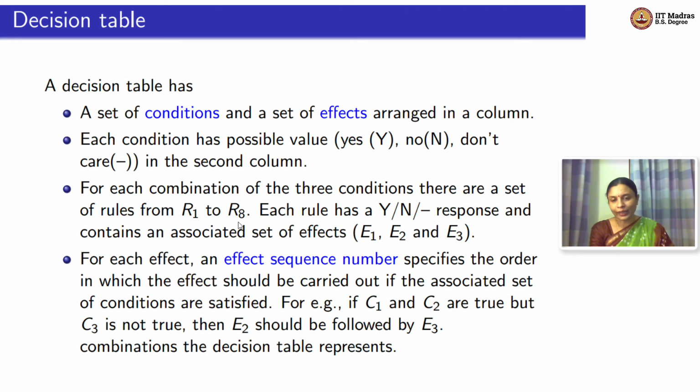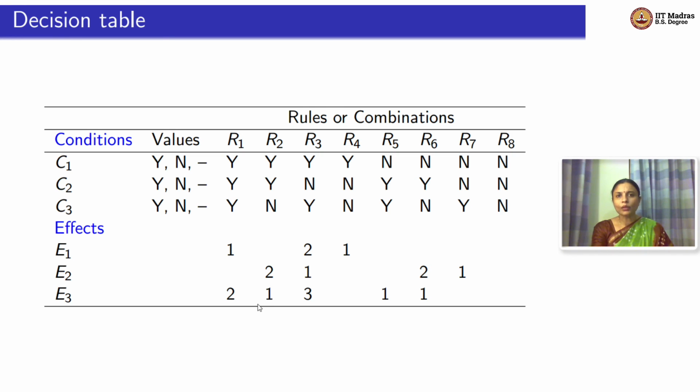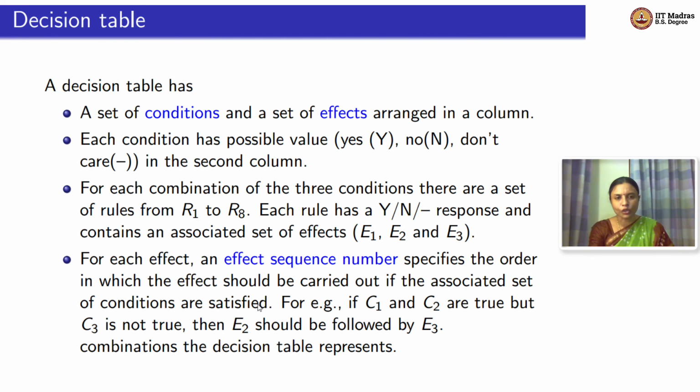They can again be any in number. Each rule has a yes, no, don't care response and an associated set of events. In this case, 3 events in our example. There is a number associated to each event, as we saw here, 1, 2 and 3, which specifies the order in which the sequence of events have to be executed.